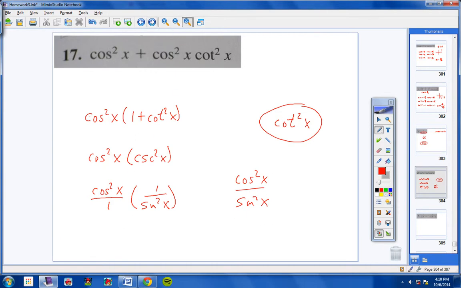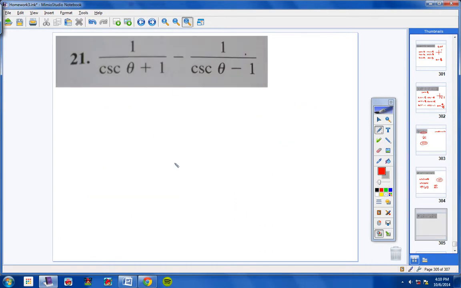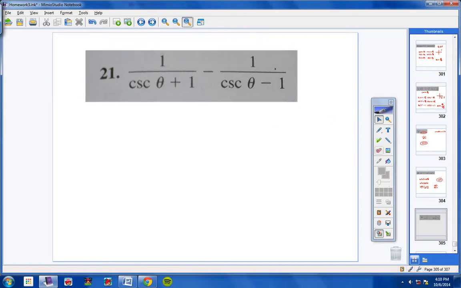All right, number 21. Now here, we're going to want to get a common denominator and put these two fractions together. Okay, so very quickly here, let's create a little bit of space.